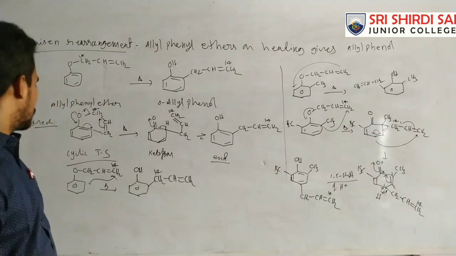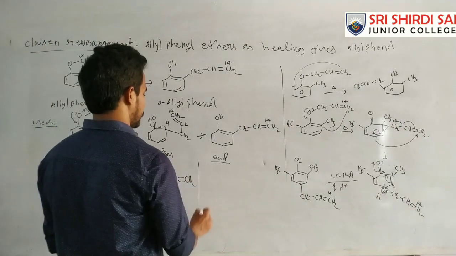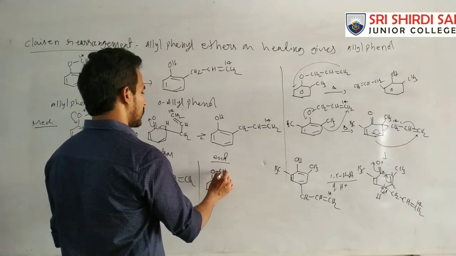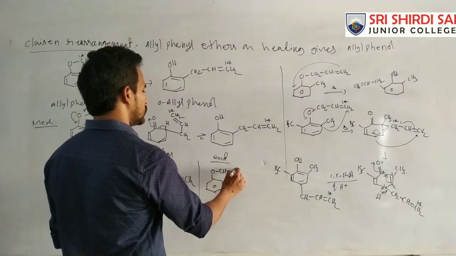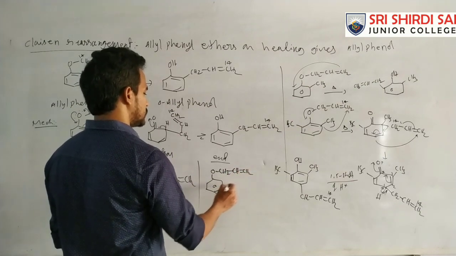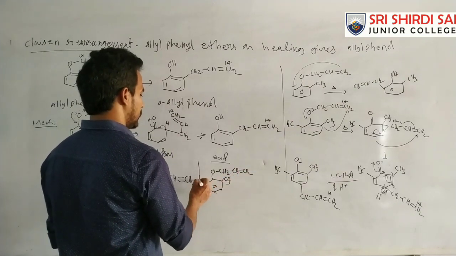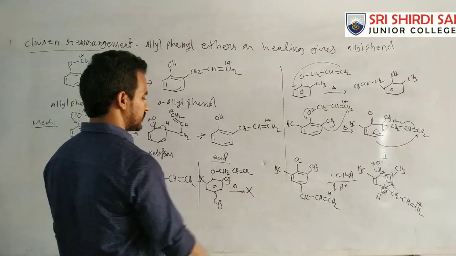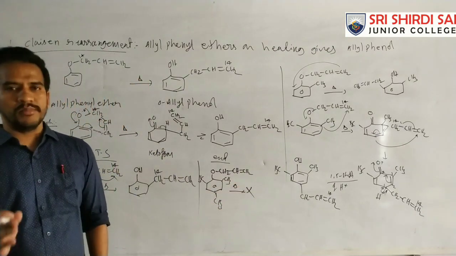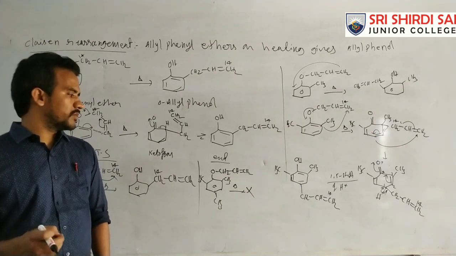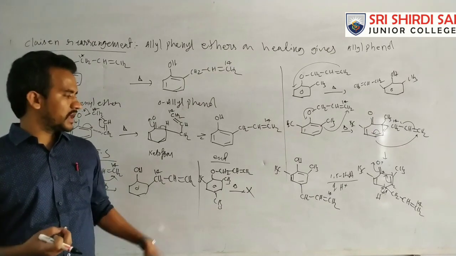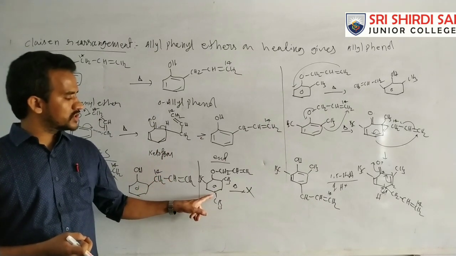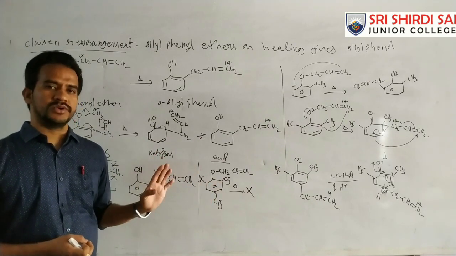Now, if all ortho and para positions are substituted by other groups, then there is no rearrangement reaction, because there is no hydrogen at the ortho position and no hydrogen at the para position.